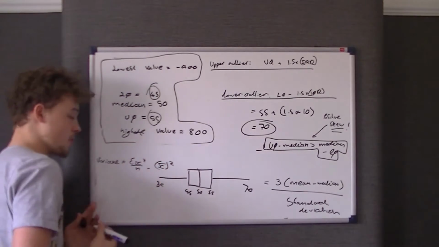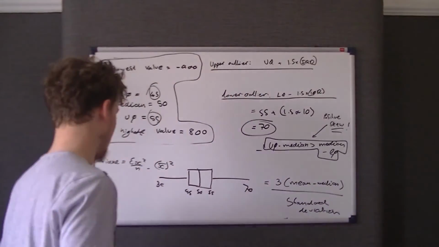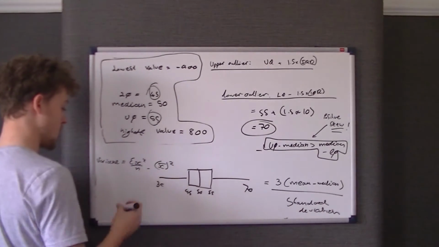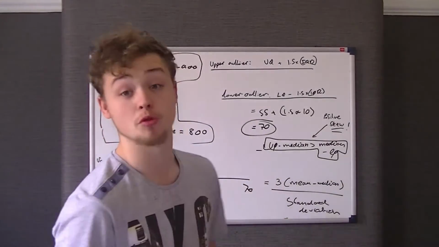In other words, the sum of x squared over n minus the sum of x over n all squared. So that is the variance, and obviously the square root of that is the standard deviation, and x bar is the mean, and you can just work out the median, which in this case would be 50.